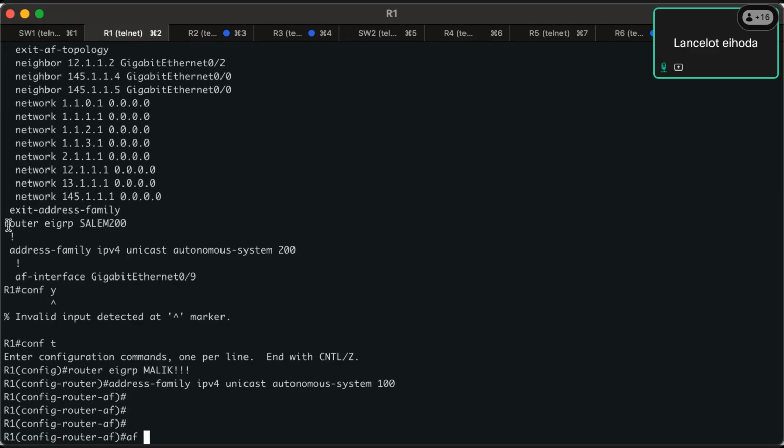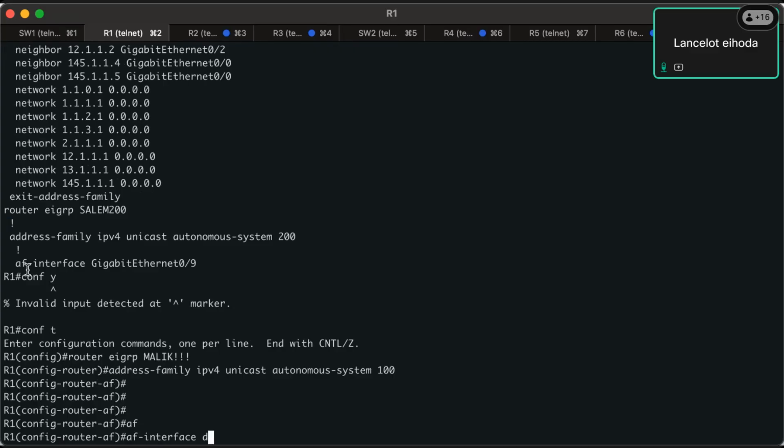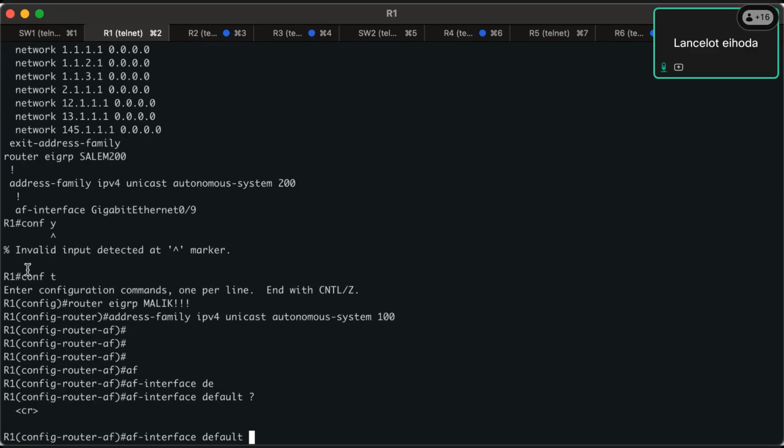Under the AF interface default, there's no summarization option for you to be able to summarize it. So the only way you can do that is you actually will have to go under the interface, and then summarize under the interface.